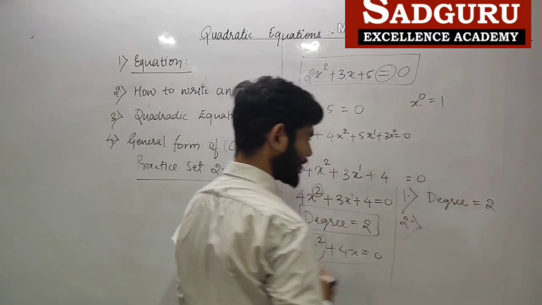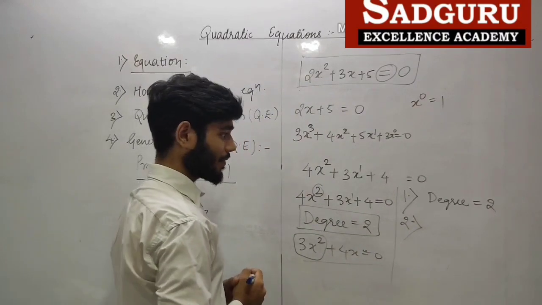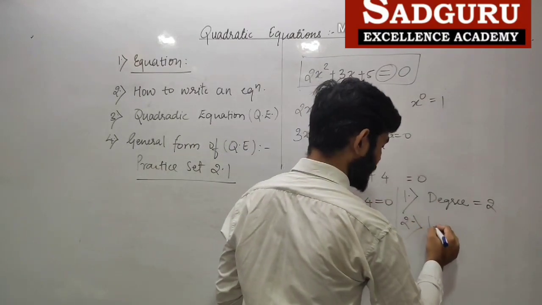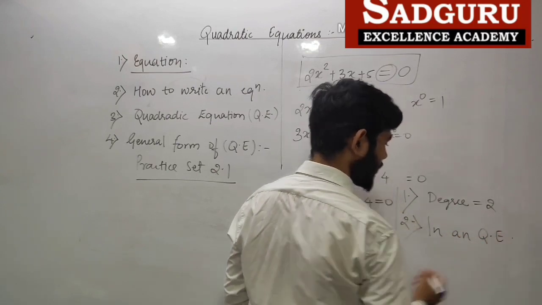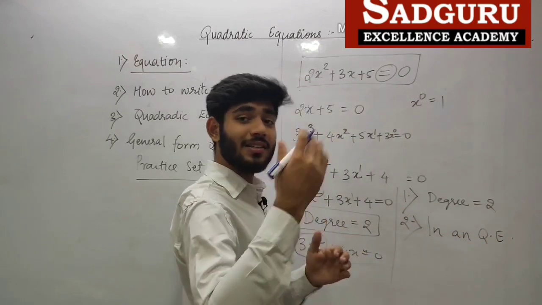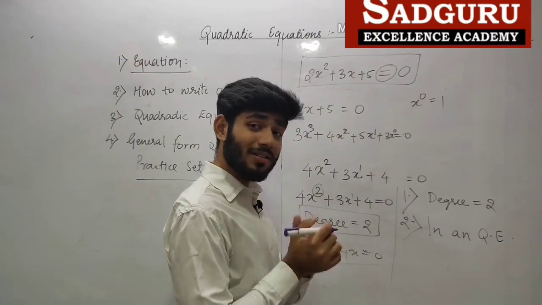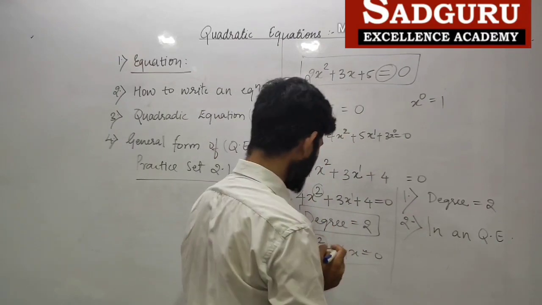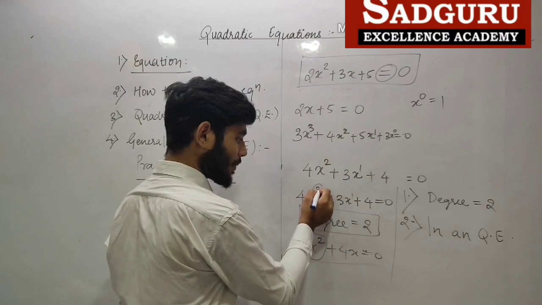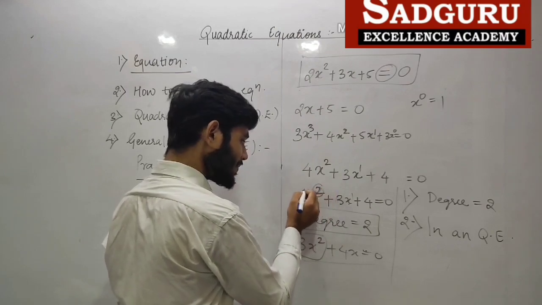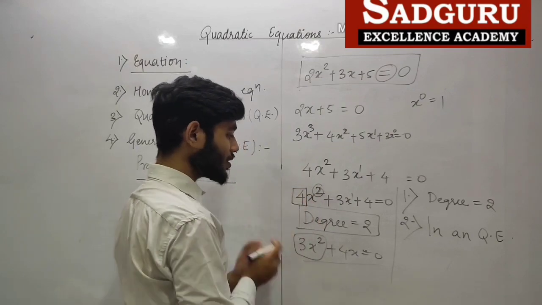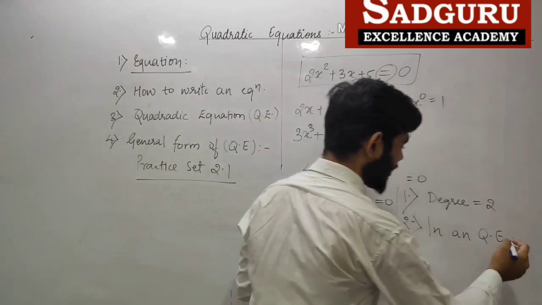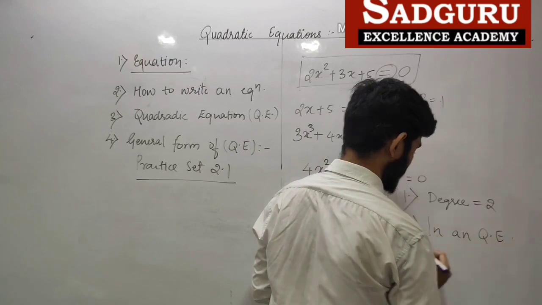Second thing, if in a quadratic equation the variable with highest power has the coefficient 0, that is, this is the variable with highest power, that is 2, but if this coefficient is 0 instead of 4, then it is not a quadratic equation.